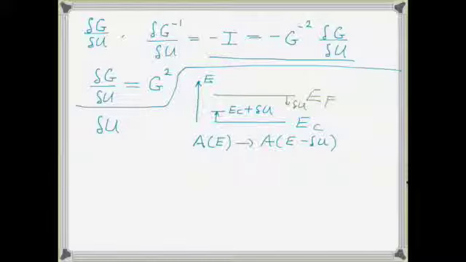Because I'm just multiplying the two things together, I'm going to get exactly the same answer. Whether I lower the Fermi level or raise the spectral function doesn't matter. I can do one or the other. And so this is how we get the simple approximation that we finally use for this functional derivative.